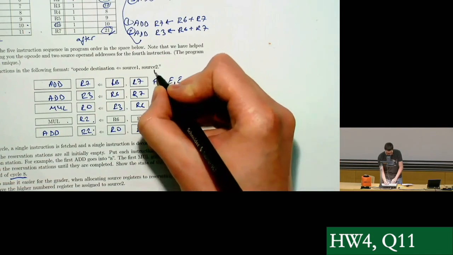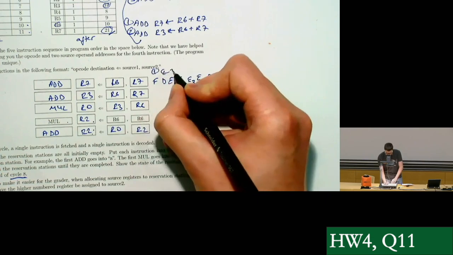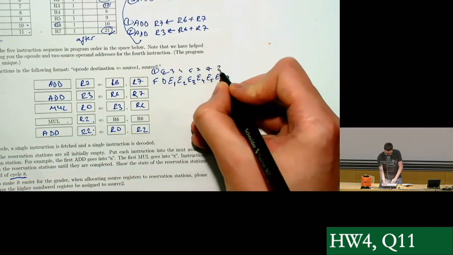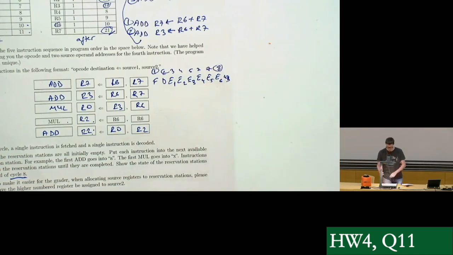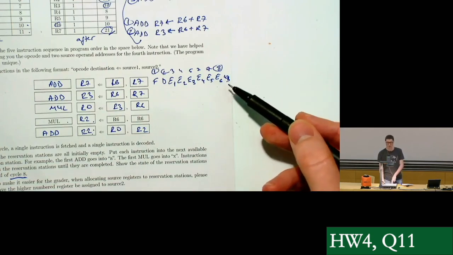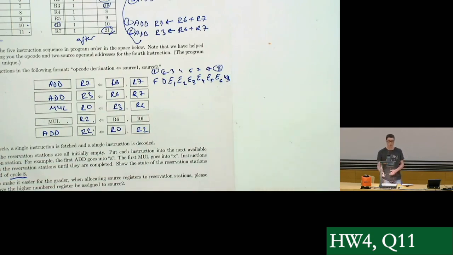So this is the first cycle, second, 3, 4, 5, 6, 7, and 8. Okay, so cycle 8 is where we are in the last stage of execution for the first instruction.